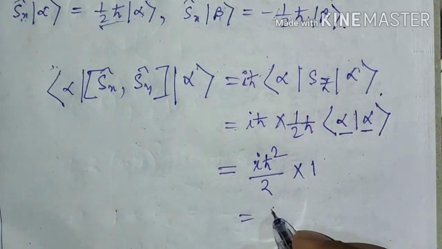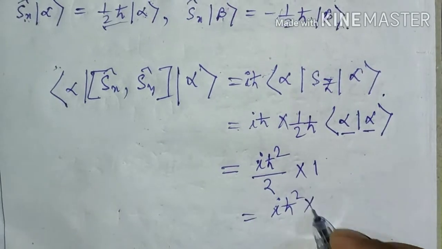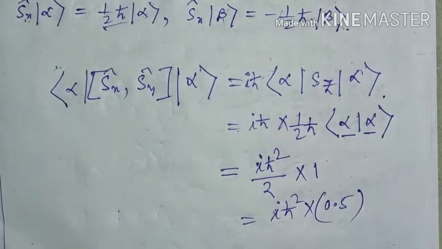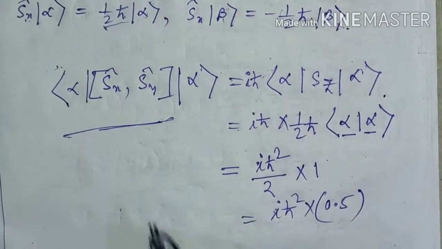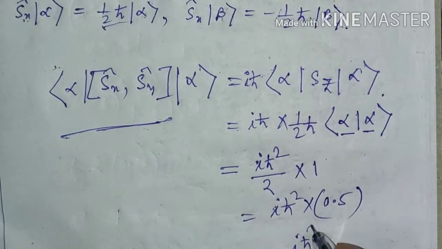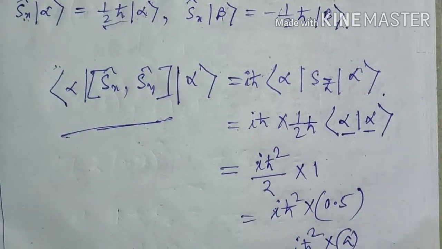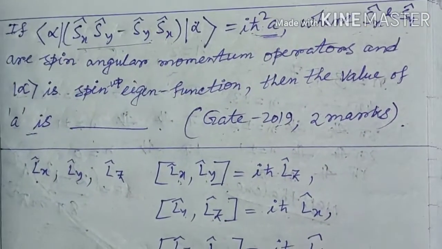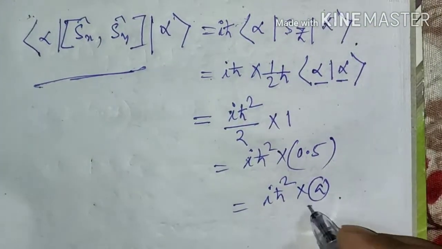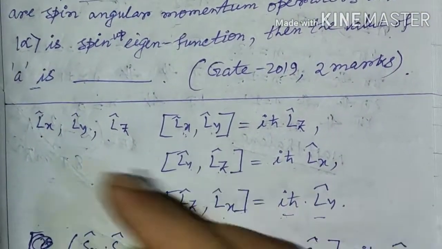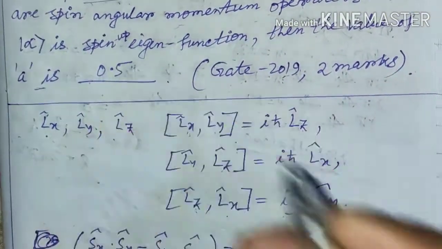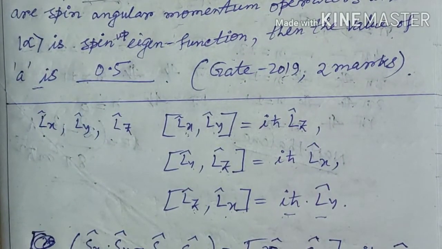That means we can write iħ² into 0.5, and it is given that the value of this term is equal to iħ² into A. It is given according to the question. That means the value of A is equal to 0.5 or half. Is it okay?